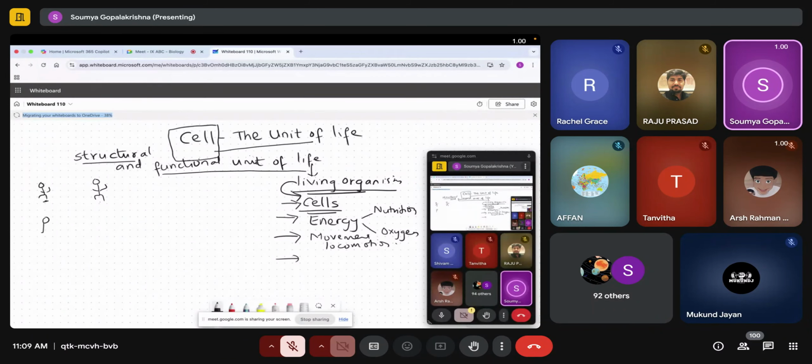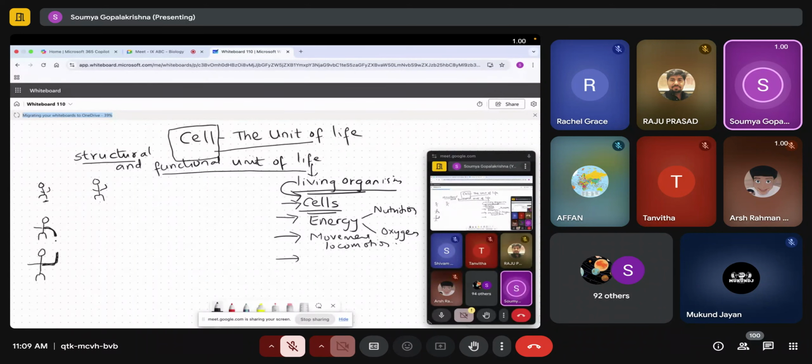Now, let us say there is an organism, a part of the body. Now, the hand is down, right? Now, the organism is in the same location, but what has happened to one part of the organism? It has shifted its position. This is called movement. The body is at rest.